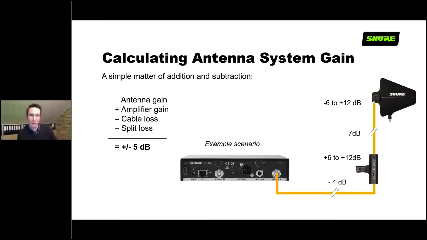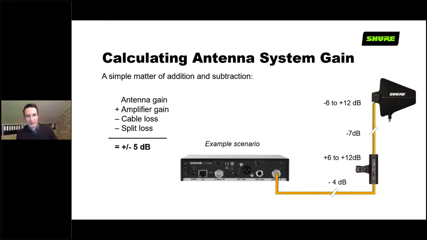On that amplifier, I've got a choice of +6 to +12. Because I come in at -1 and I'm going to lose another 4 dB in the cable between this amplifier and my receiver, I'm going to select the +6 setting, which is going to give me a +1 dB signal level at the entry of the receiver.